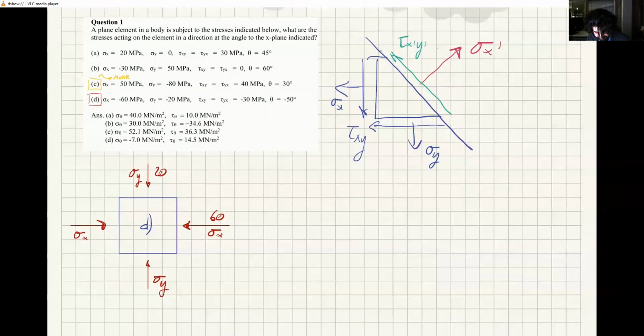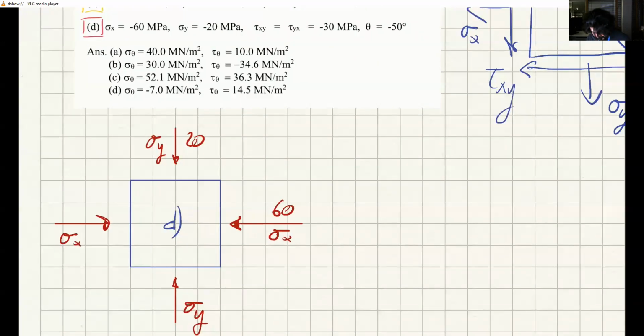And tau xy is negative. Now, tau xy is negative. Remember, this is the coordinate system, which I didn't draw. Let me draw it. This is the x-axis. This is the y-axis. So tau xy is on the x face, direction y. So it's this one. So this would be a positive tau xy.